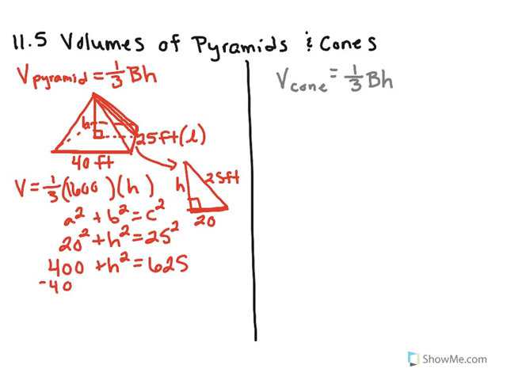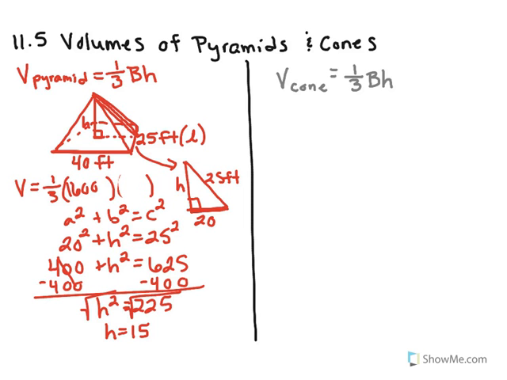So now we're going to subtract 400 from both sides. So h squared equals 225. And then to cancel out something being squared, we square root both sides, and the square root of 225 is 15. So I'm going to go back up into my formula, erase that h, and replace it with a 15.